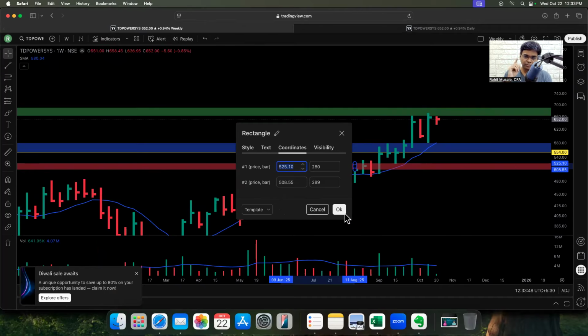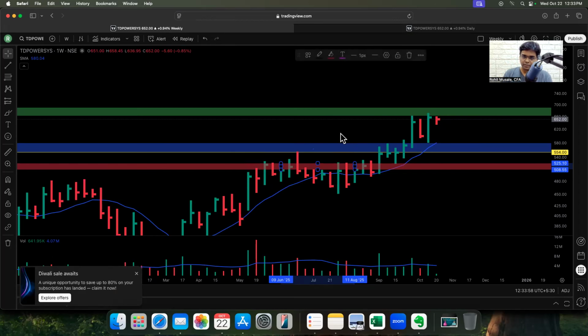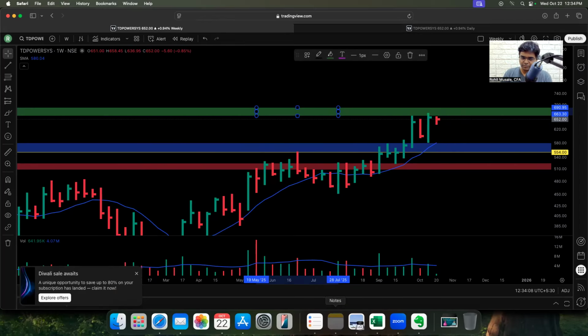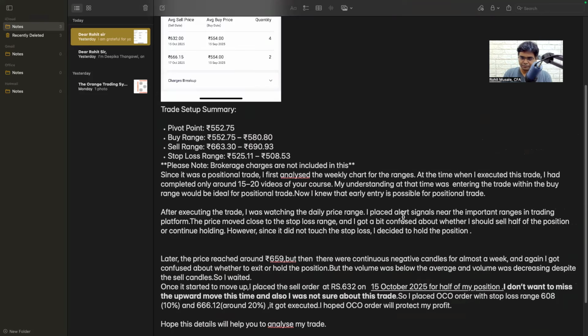Placing an alert does not mean placing a stop loss. And placing an alert does not mean that you know what to do after the alert gets hit. Next, she must have placed alerts at these two levels as well, 690.95 and 663.30. That is what she is mentioning in the email. I placed alert signals near the important ranges in the trading platform.